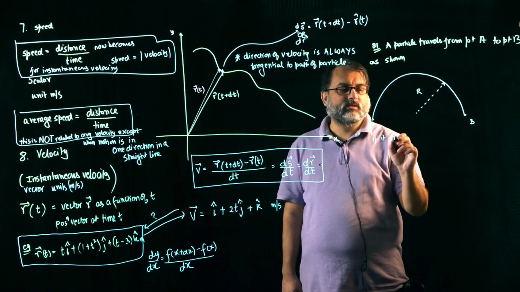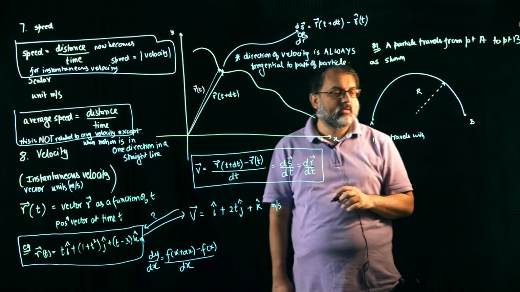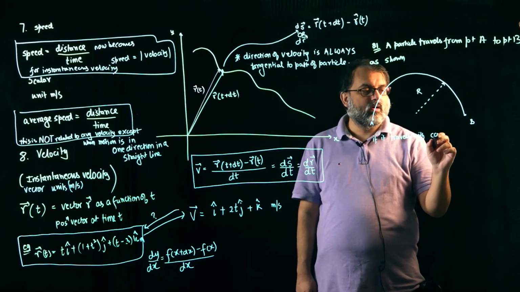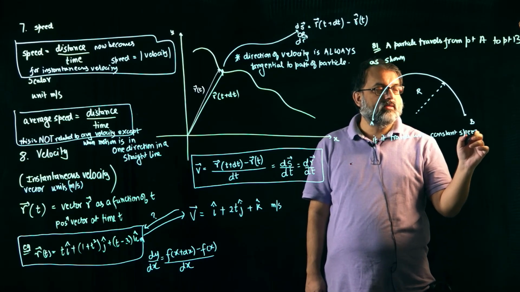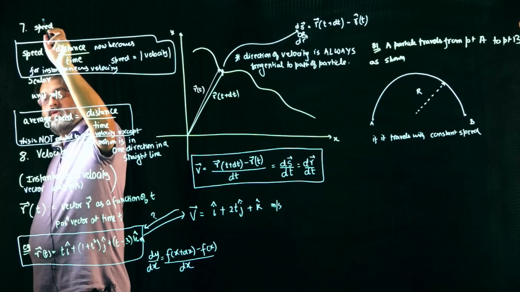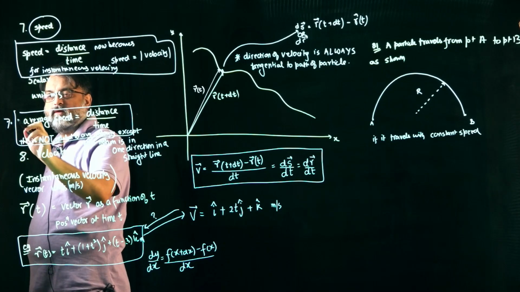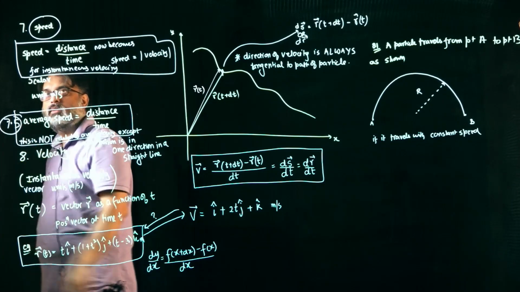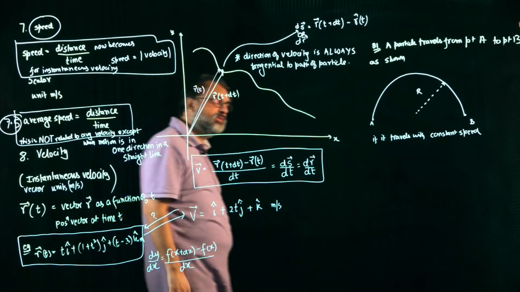If it travels with constant speed, speed means speed, and this is 7.5 average speed.